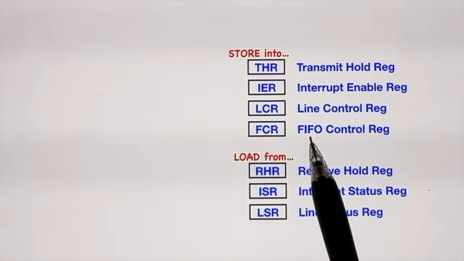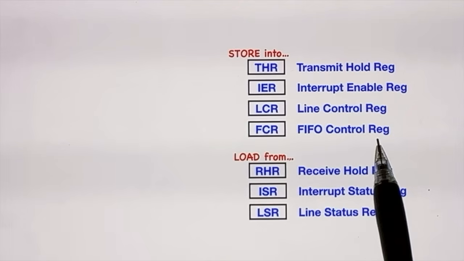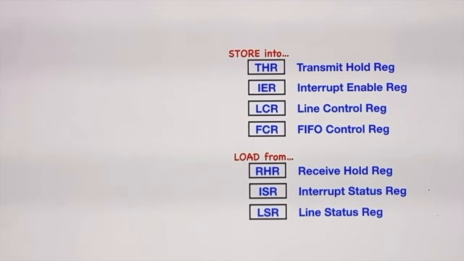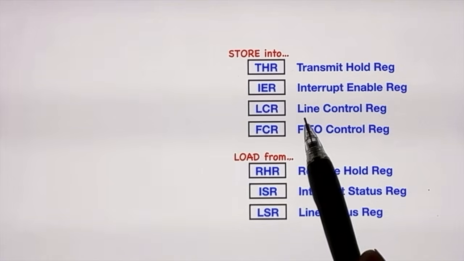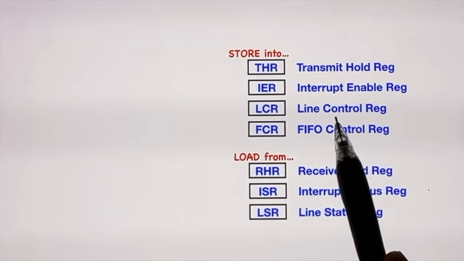There's a control register called the FIFO control register, which we will initialize to enable these 2 FIFO buffers. Even though they're there, you can pretty much ignore these FIFO queues. We also need to initialize the UART device for the baud rate and details like whether we are using a parity bit or not. This is done with a register called the line control register.